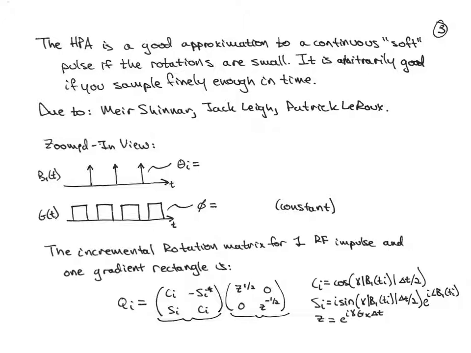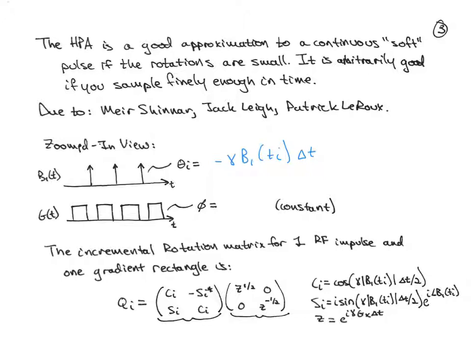due to the RF, to each RF sample is gamma B1 of t sub i, the strength of the RF at that time point, times delta t. Note that B1 here is complex valued, in that it has an x and a y component.